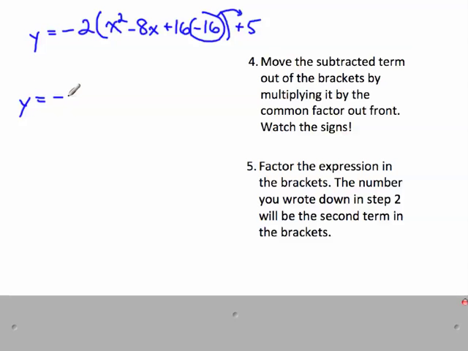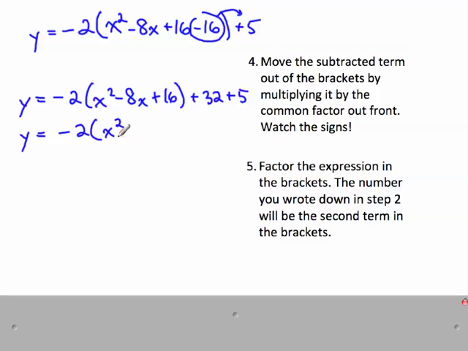Y is equal to -2 x squared minus 8x plus 16. This part all stays inside the brackets. But now moving the -16 outside, -16 times -2 is positive 32, and then we still have our 5 waiting out there. Now we could combine that 32 and that 5 in this step if we wanted to, or we could do that later. So that would be 37.